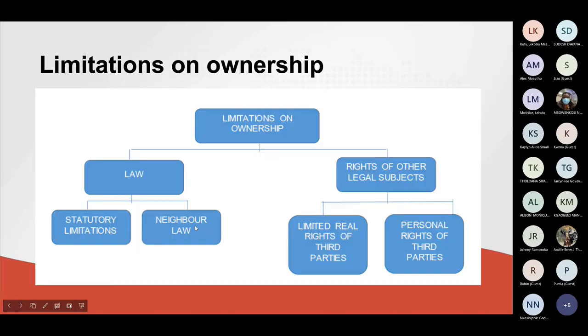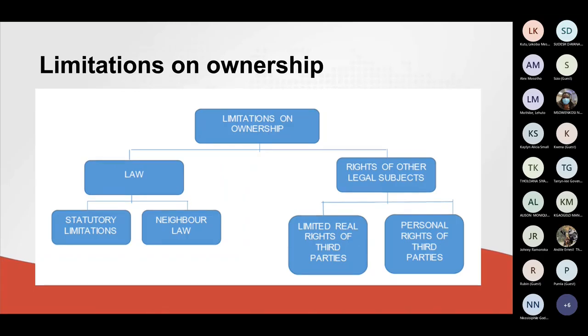Now, this is a diagram that basically illustrates the limitations on ownership. As I've mentioned before, the law can place restrictions on ownership as well as the rights of other legal subjects. Statutory limitations can place a restriction on your property. We will see with the next example how that happens.